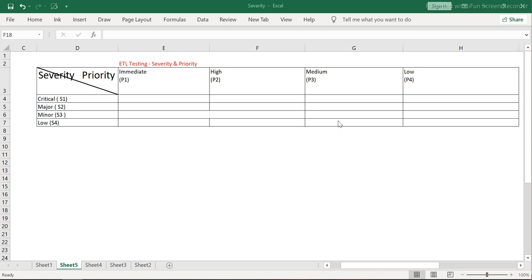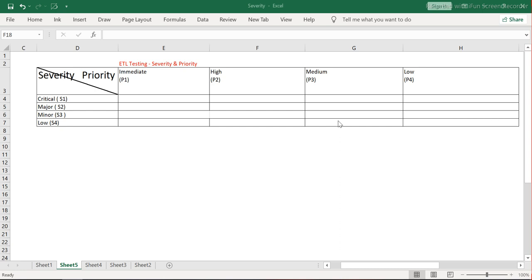We will look at everything around severity and priority in this session, and I will take real-time examples from the ETL testing point of view. I'm not going to talk about generic or manual testing. I will take very specific examples from the ETL testing point of view, then it will really make sense, because when you go for an interview for ETL testing, you should not explain severity and priority from the manual testing point of view.